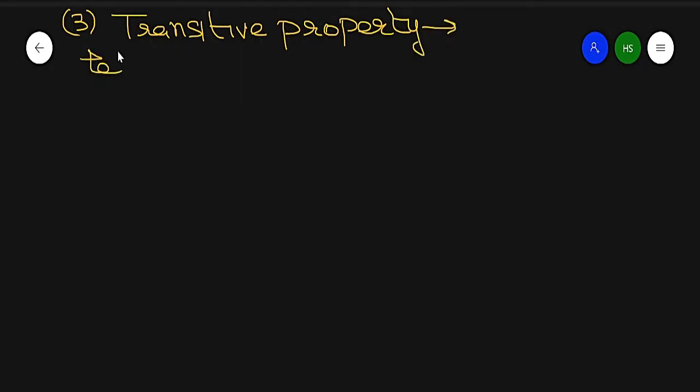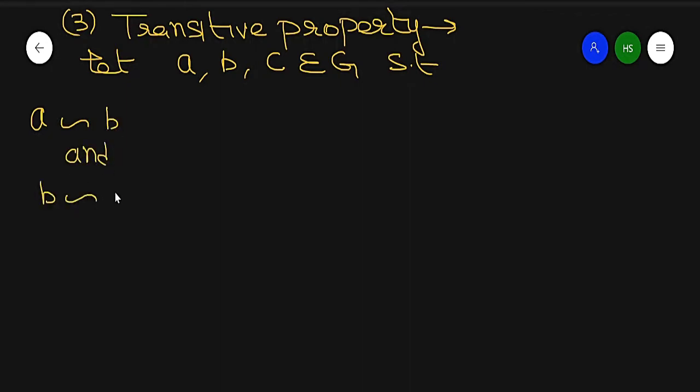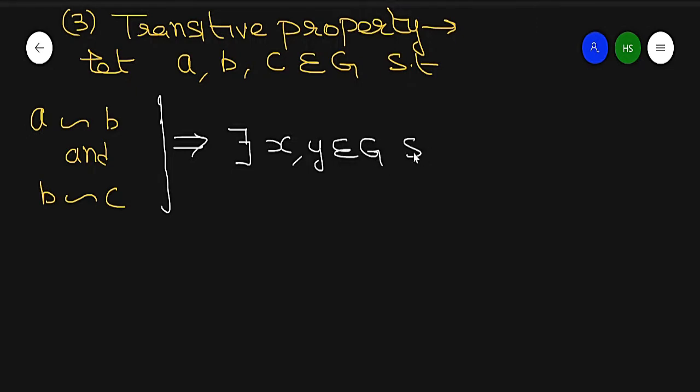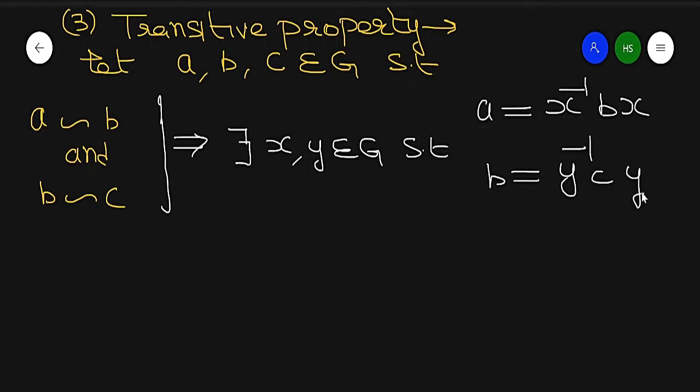Now I take three elements A, B and C belonging to G such that A is conjugate to B and B is conjugate to C. By definition, there exist X and Y belonging to G such that A can be written as X inverse B into X, and B can be written as Y inverse C into Y.